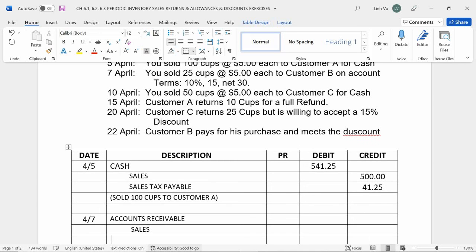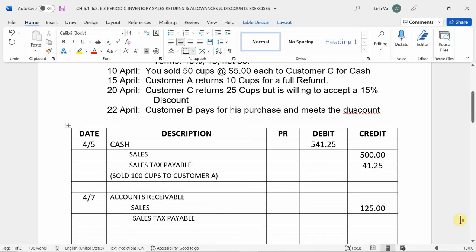Sales and sales tax, right? So in this case, if I sold 25 cups at $5 each, what's my grand total sales here? $125, okay?